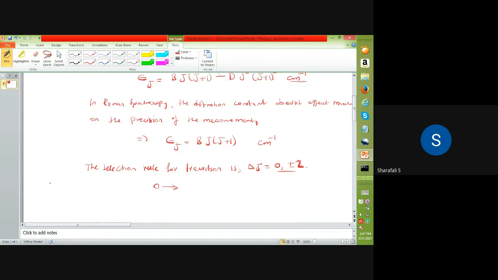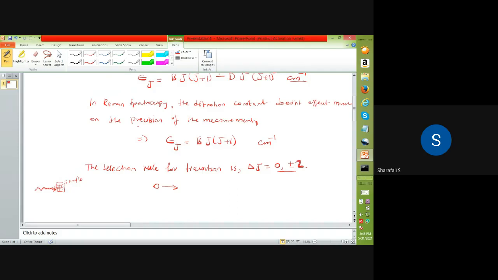Because when you are considering delta J equal to 0, there is no rotational energy level change. If you have your sample, your molecule here, and you are sending radiation into it, the radiation could give some energy to the molecule, or the molecule could absorb some energy.